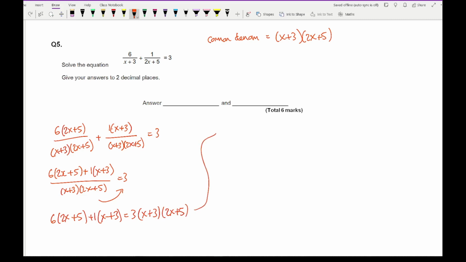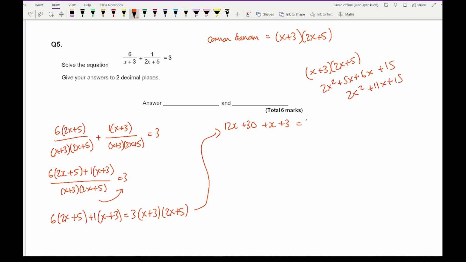Now from this, what we then need to do is just simplify. So I'm going to end up with 12x plus 30 plus x plus 3. So that's the left hand side expanded. Then with the other side, well, I've got (x plus 3) times (2x plus 5), which is going to be 2x squared plus 5x plus 6x plus 15, giving me 2x squared plus 11x plus 15.